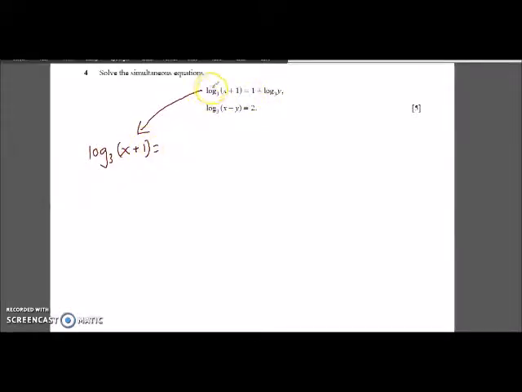Okay, this is 1. So we have to change to log base of 3. So what we can do here, we can put here log base of 3, 3.